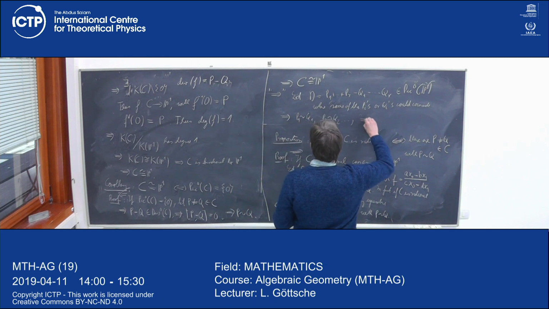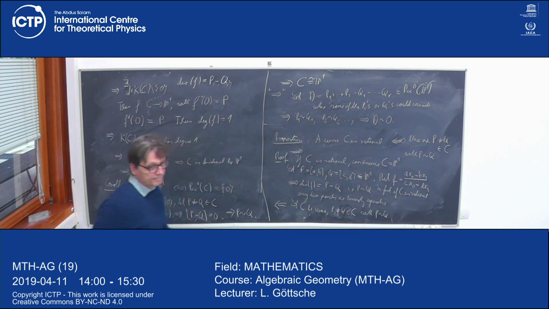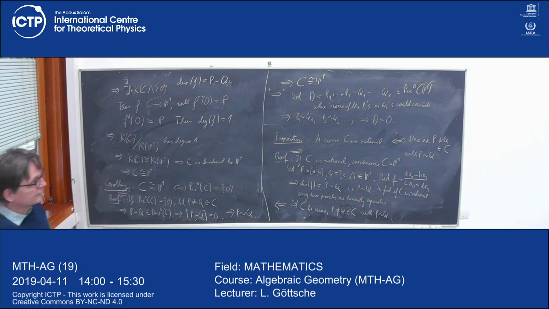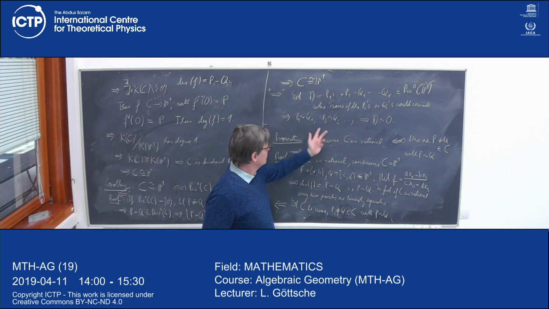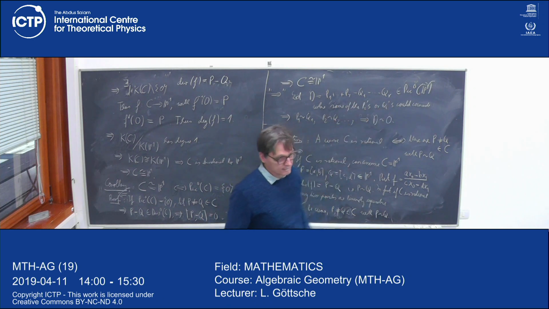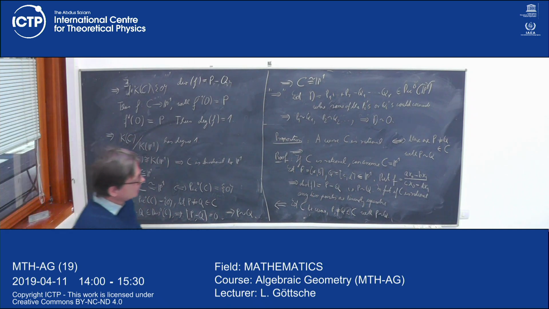And thus it follows that D is linearly equivalent to 0, because there's some f1, some f2, and the product of the fi will make D linearly equivalent to 0.